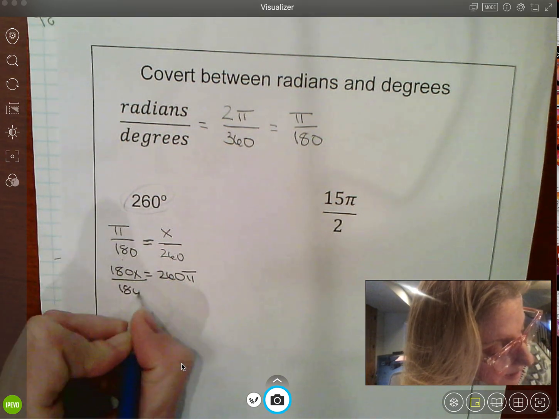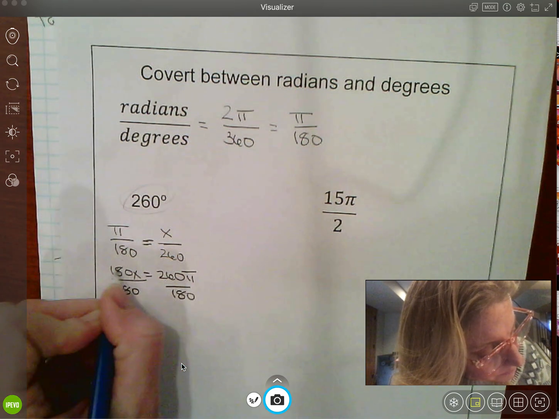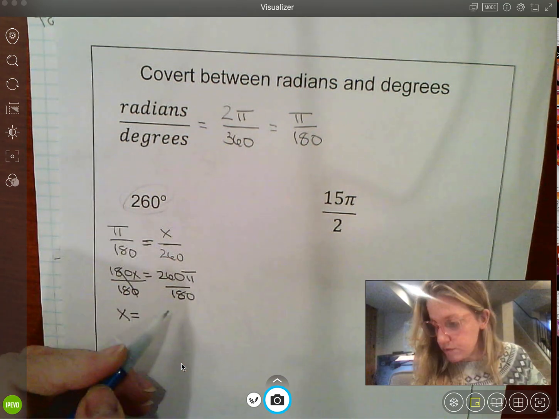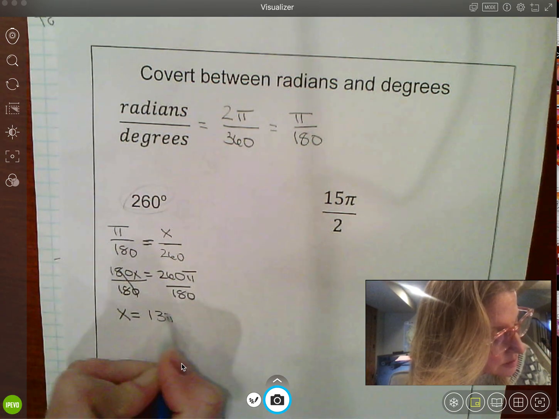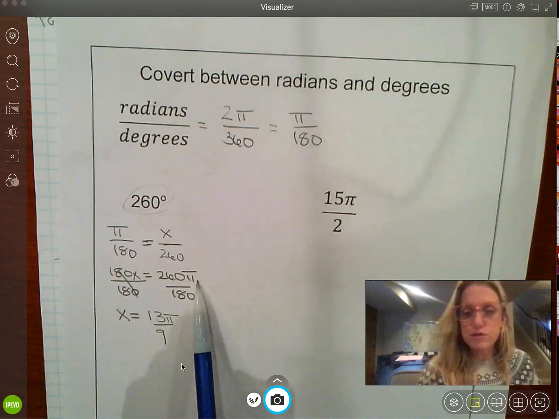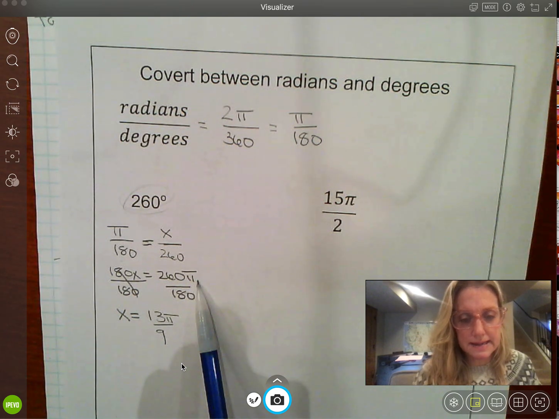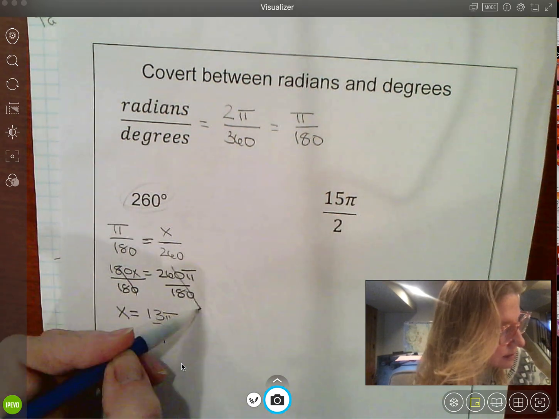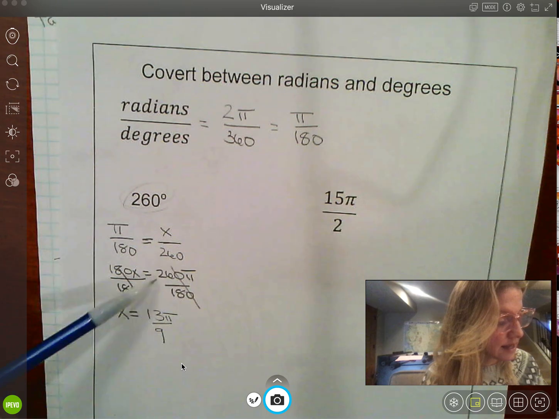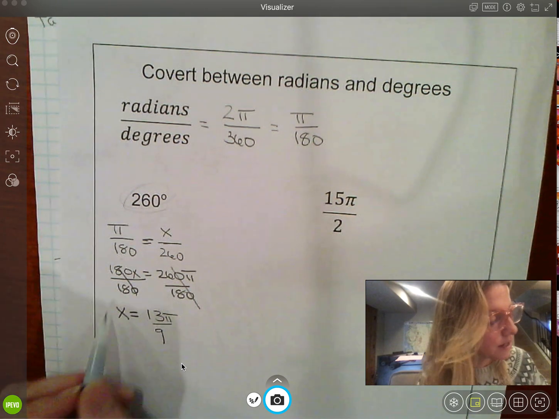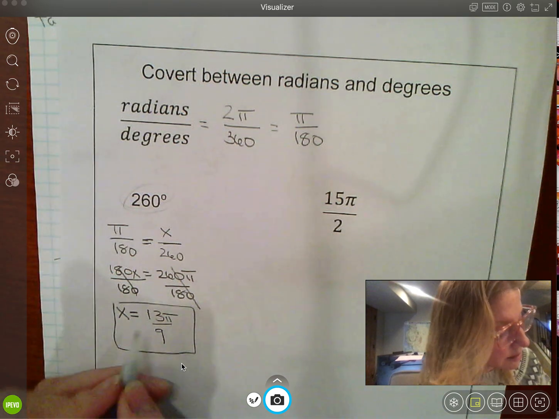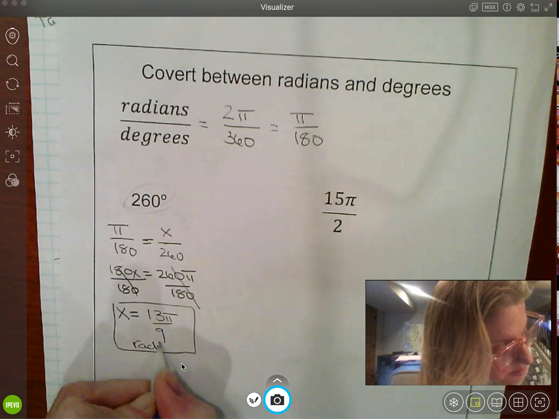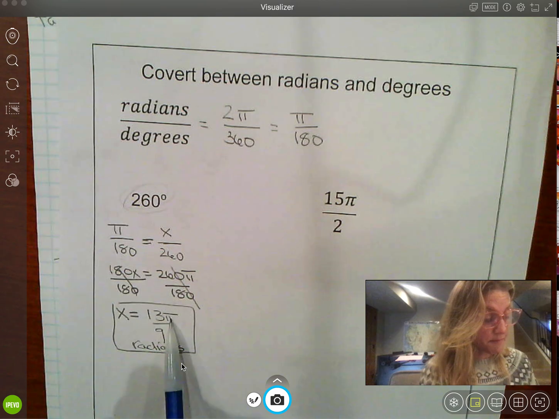I'm going to divide by 180. And 260 divided by 180 reduces all the way down to 13 pi over 9. Don't try to make this pi a decimal or anything. Just simplify the 18 and the 26. You know you're on the right track because if you're in radians, your final answer needs to have a pi in it.